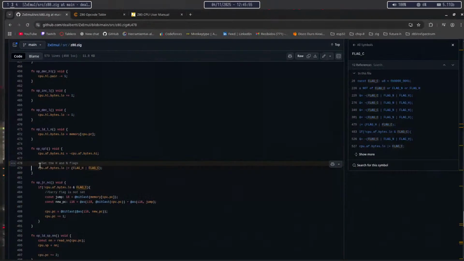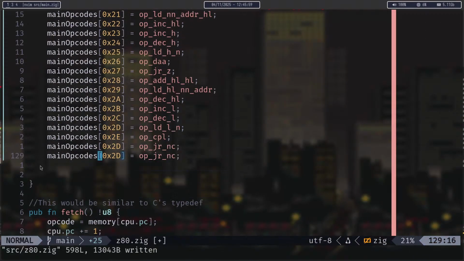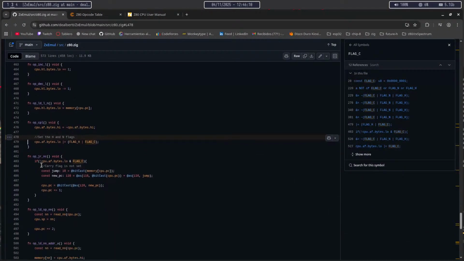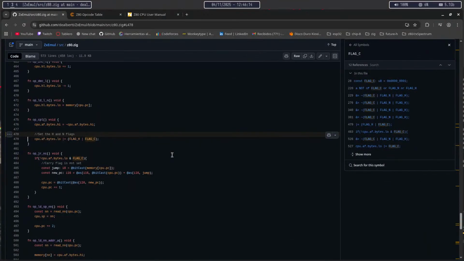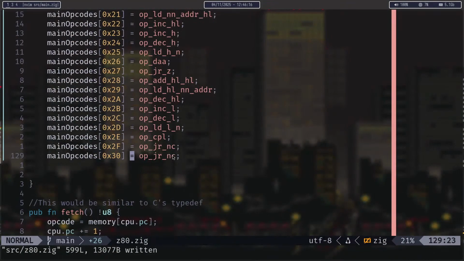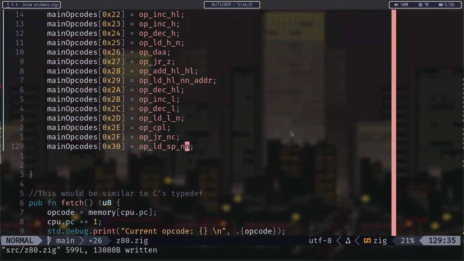Whoops, giant relative. Carry. There we go. Hold on. Alright. So this is, and this should be LD SP N. Whoops, there we go.